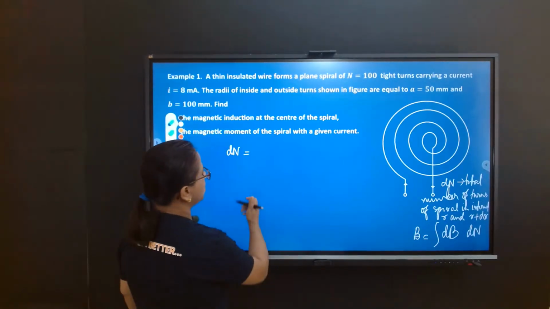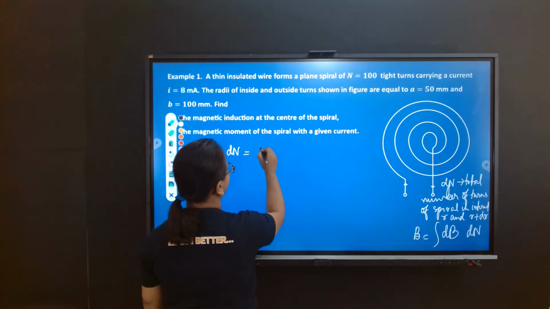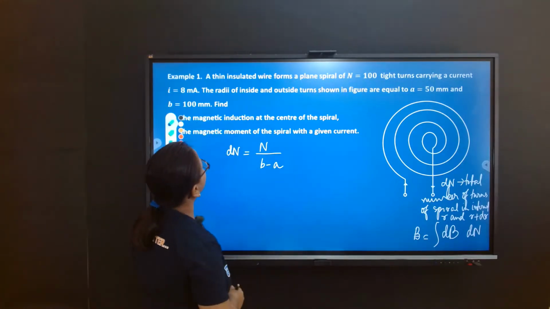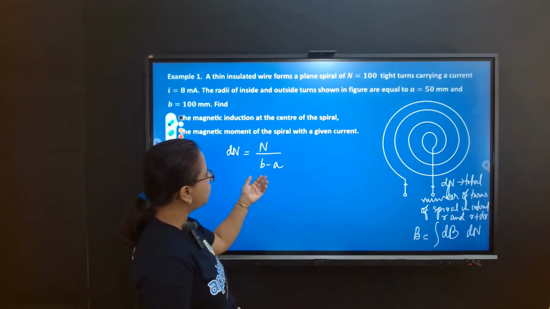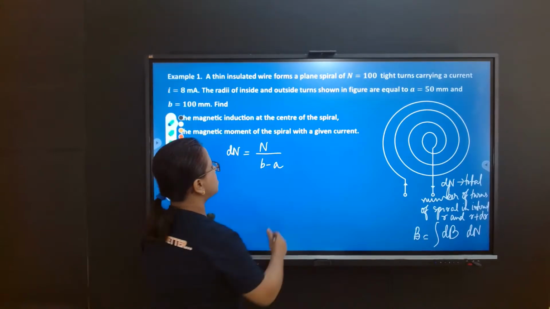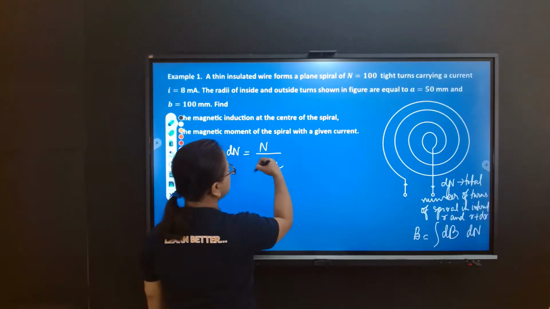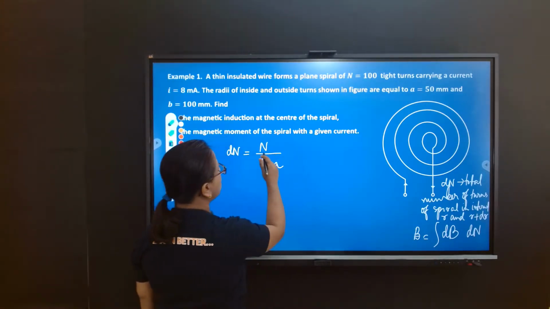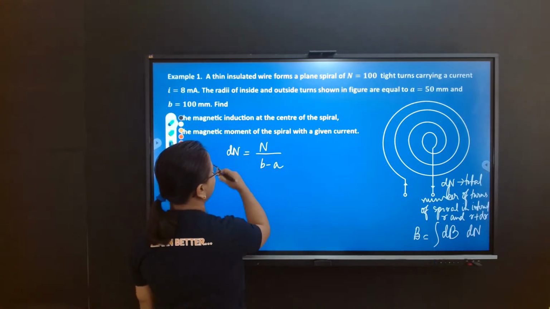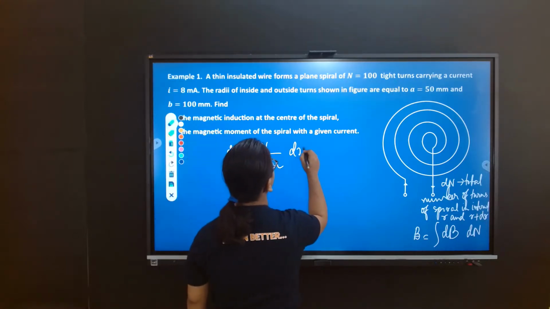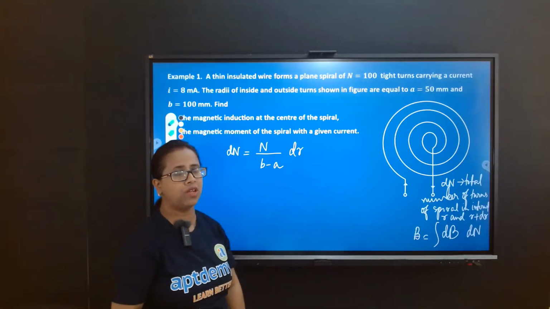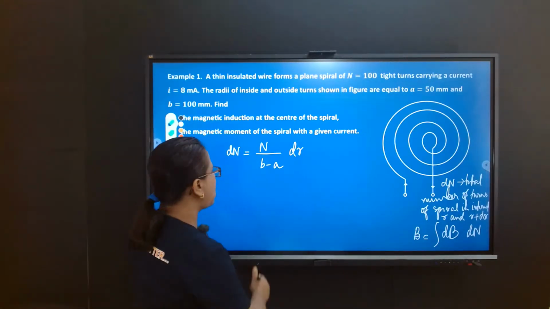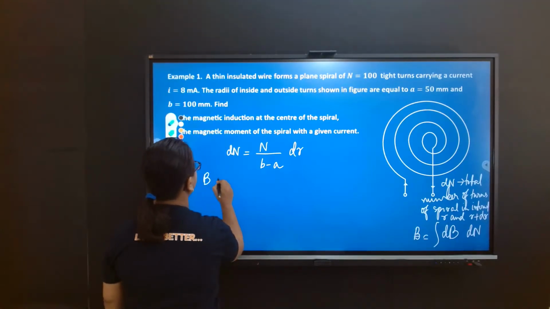So dn is equal to n by B minus A, where B is the external radius and A the internal one. So this is equal to n by b minus a, and the interval of radius within which we can define dn is nothing but dr. So let's now proceed with this value of dn in the original formula and continue the calculation.